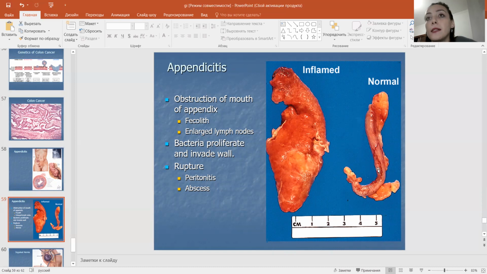You can see the normal structure of the appendix and the inflamed one, so appendicitis. You can see enlargement of the size, hyperemia, and edema of the inflamed appendix.